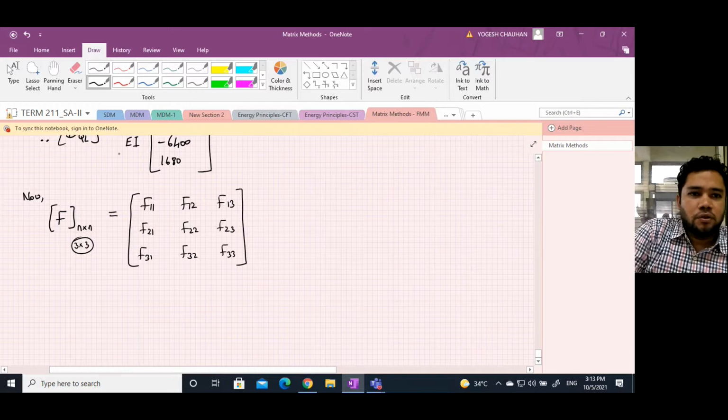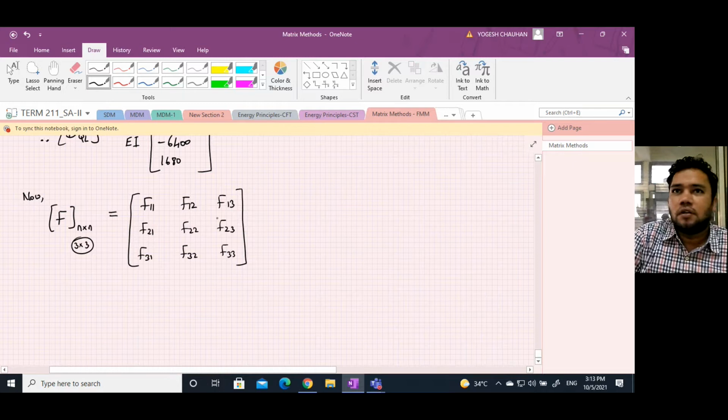Note that it is a symmetric matrix, so the upper half will be the same as the lower half. So you find F11, F12, F13, F22, F23, and F33, and the values will be symmetric. Okay, because it is a symmetric matrix.